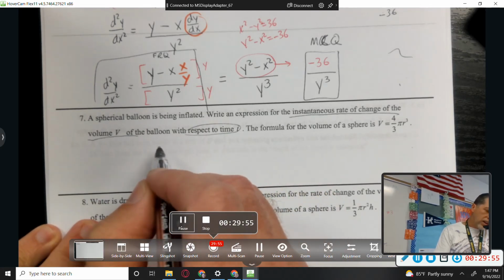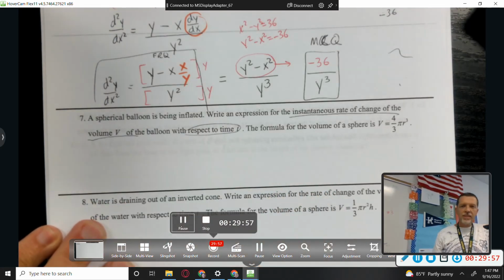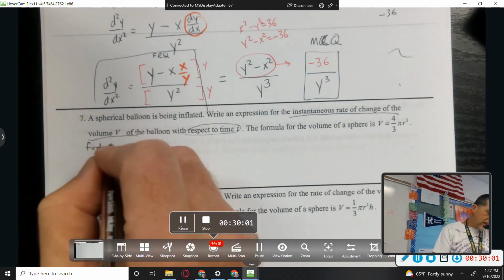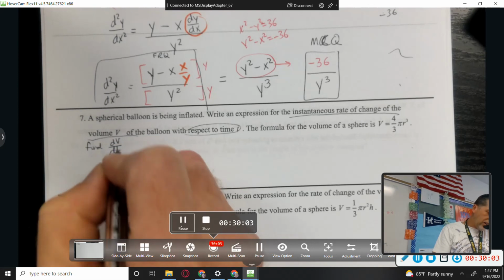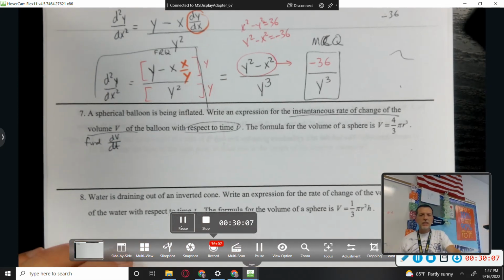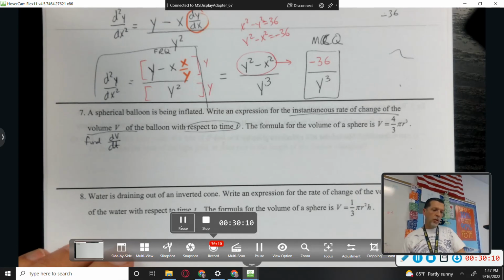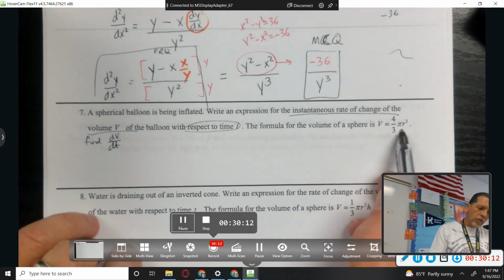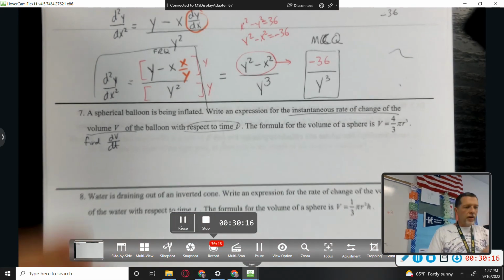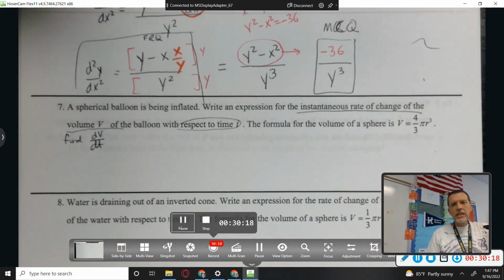So what's it asking me to find? dV dt. I thought you said VVVT. dV dt. The formula for volume is V equals 4/3 pi r cubed. So if I want dV dt, better get cracking.